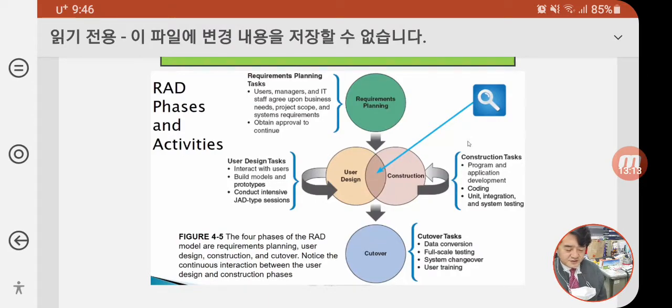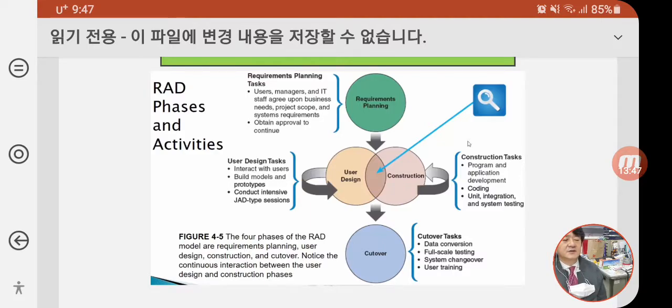The pictures included in the slide are summarized and shown above. The four phases of the RAD model are requirements planning, user design, construction, and cutover.